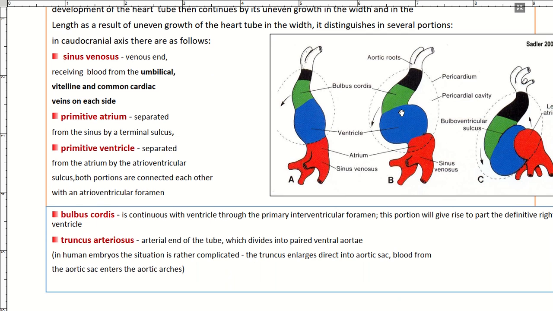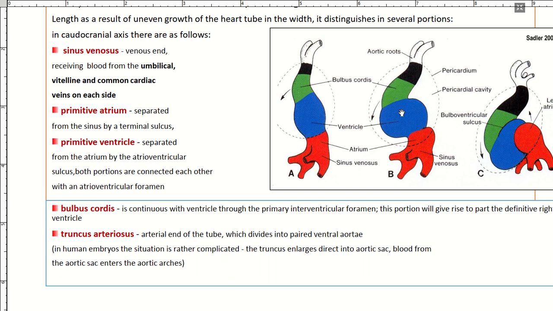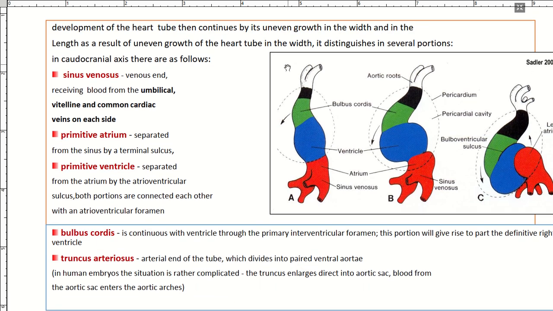Right, so basically you're going to have an arterial end and a venous end. You understand? So this is going to be your aortic sac or aortic roots. The black part is going to be your truncus arteriosus. The green part is labeled clearly.